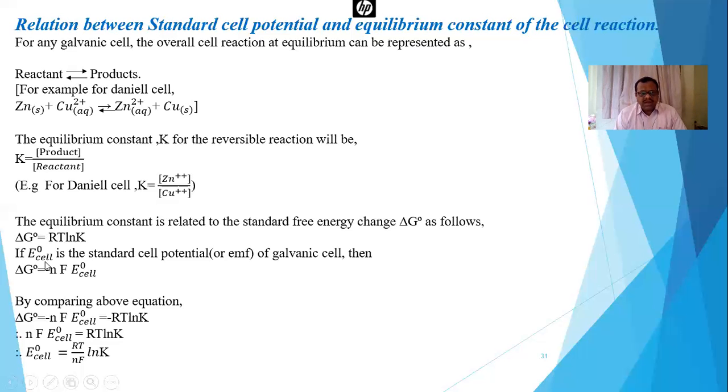If E standard cell is the standard cell potential or EMF of a standard galvanic cell, then we can write the standard free energy change as minus N into F into E standard cell.